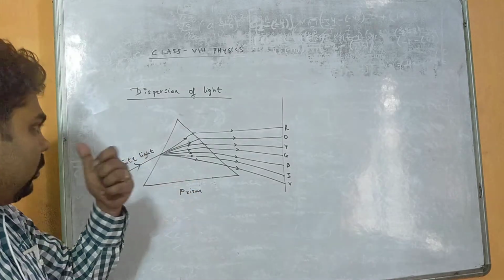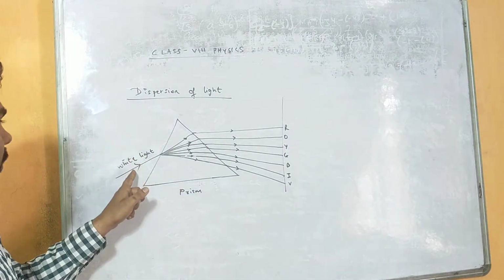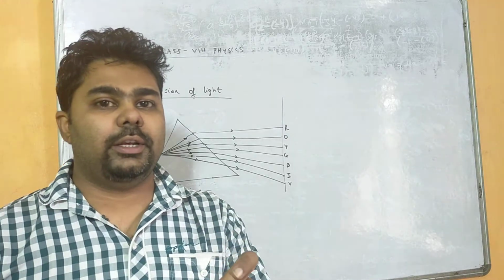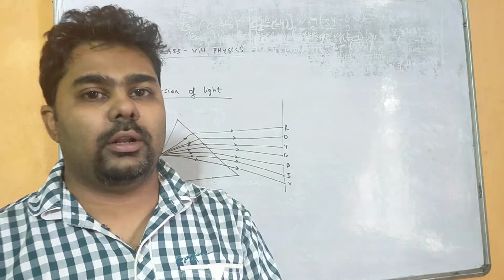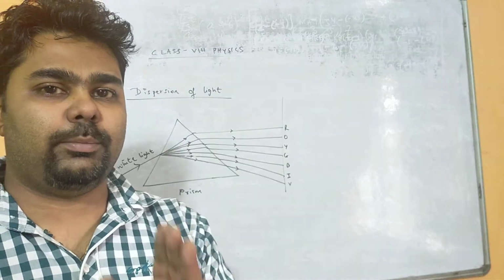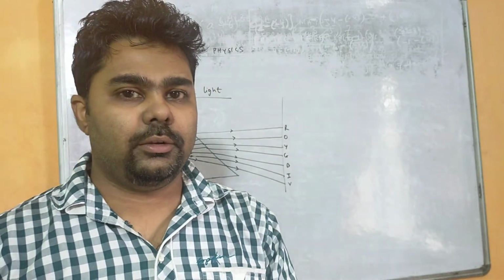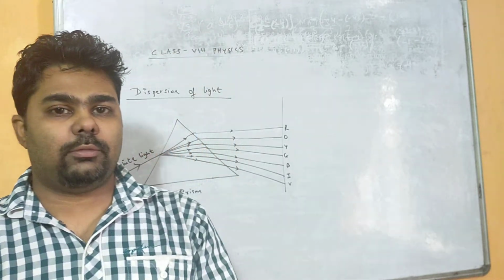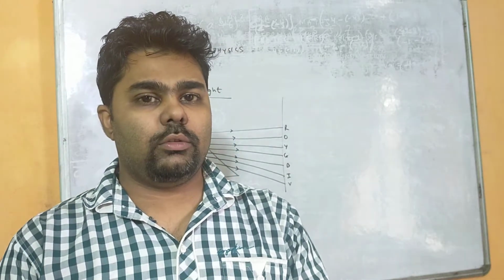Okay, so you see, when white light passes through a prism, the splitting of white light into 7 different colors is called dispersion of light. I repeat, the splitting of white light into 7 different colors after passing through a prism is called dispersion of light.